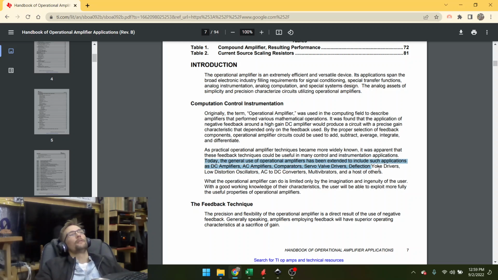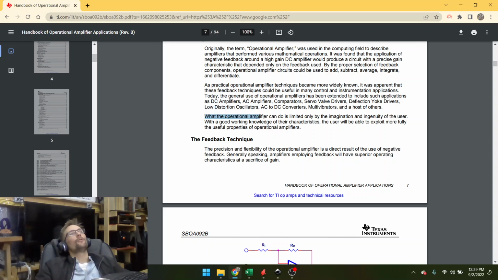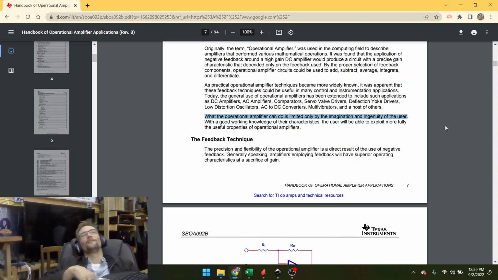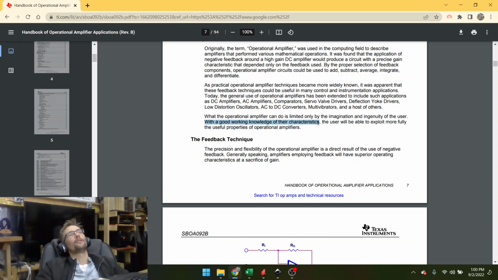And ta-da. What the operational amplifier can do is limited only by the imagination and ingenuity of the user. With a good working knowledge of their characteristics, the user will be able to exploit more fully the useful properties of operational amplifiers.